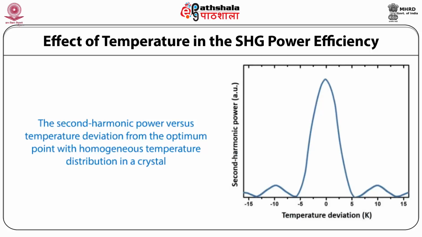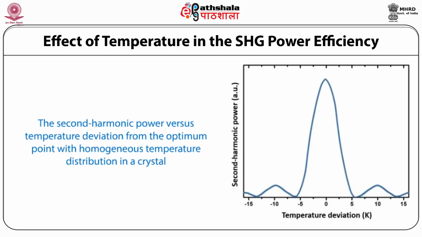The high conversion efficiency is inversely proportional to the crystal length and also relies on the temperature dependence of the refractive indices involved. A similar relationship applies to other nonlinear frequency conversion processes. Similar curves are obtained, such as for critical phase matching when the angular orientation of the crystal is varied.